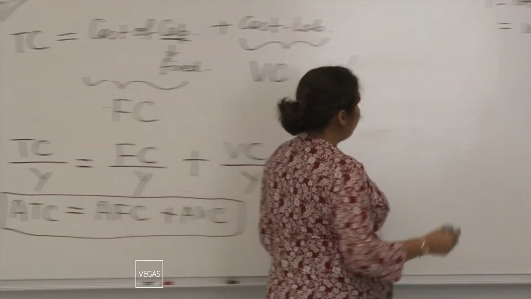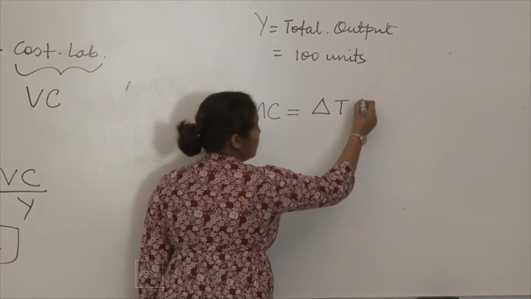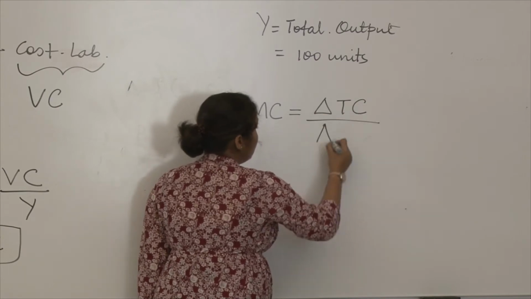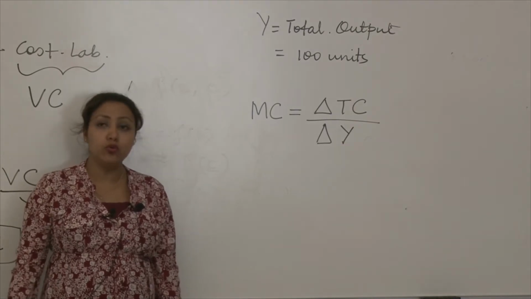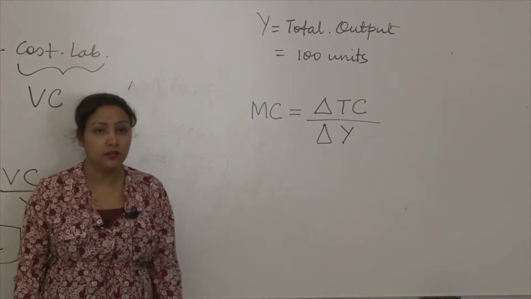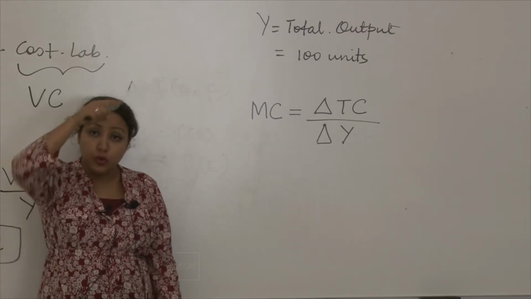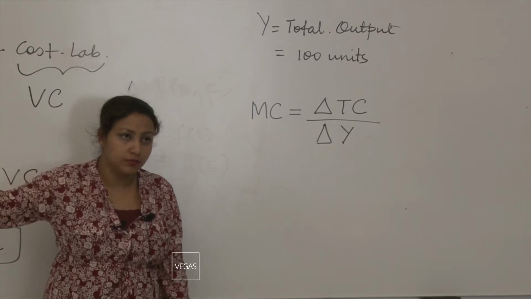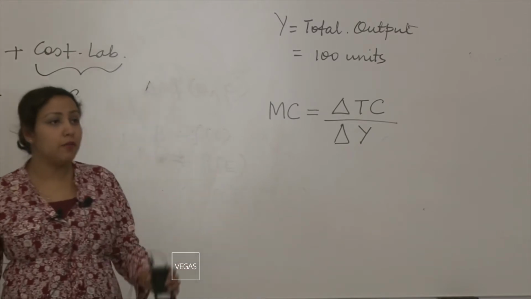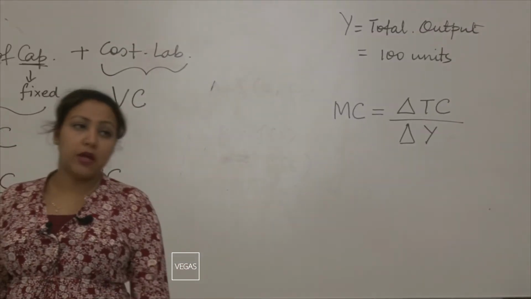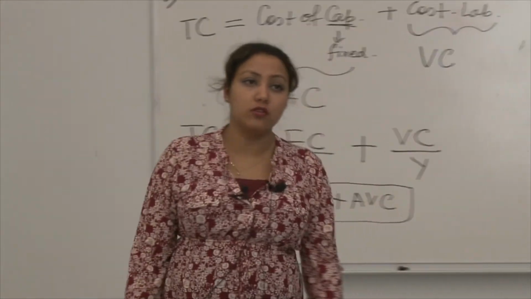Same definition: marginal cost is the change in total cost due to a change of 1 unit of output. That means, if I have to produce 1 additional shirt, by how much does my total cost change due to the production of that extra shirt? Do you see what I am saying? Let us say today I am producing 100 shirts, and my total cost of producing those 100 shirts is 1000.